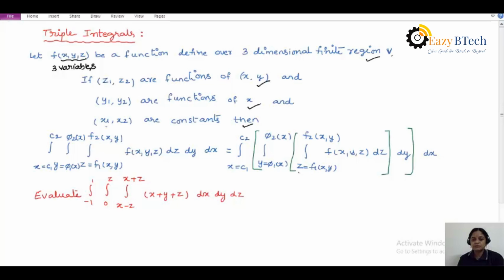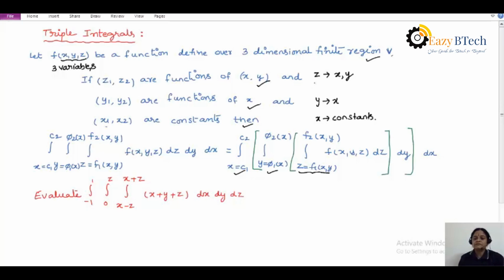At first, we integrate with respect to z, because the z limits are functions of x and y. Then we integrate with respect to y, because the y limits are functions of x. And last, we integrate with respect to x, because the x limits are constants only.